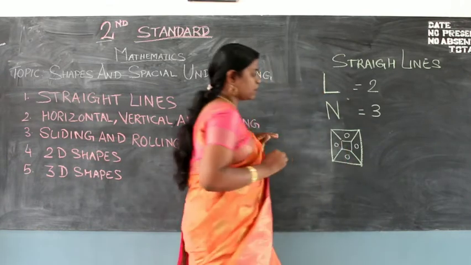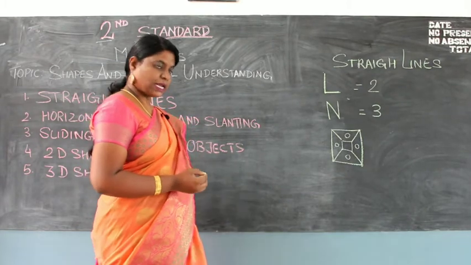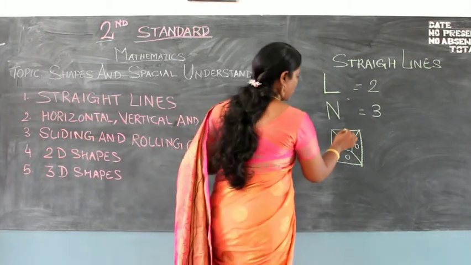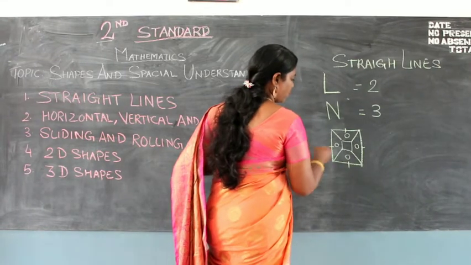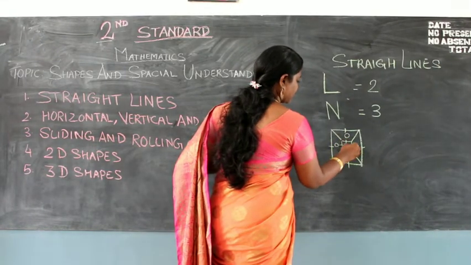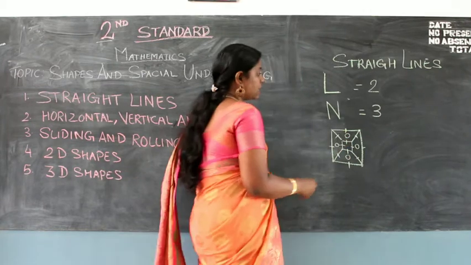Now how many straight lines are there in this? You have to count 1, 2, 3, 4, 5, 6, 7, 8, 9, 10, 11 and 12. So what are you going to write?